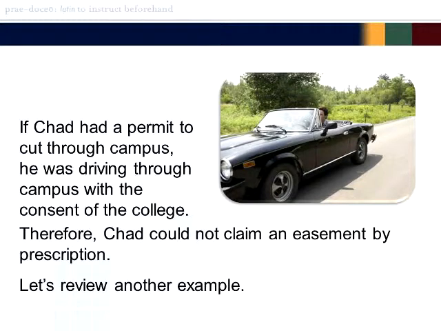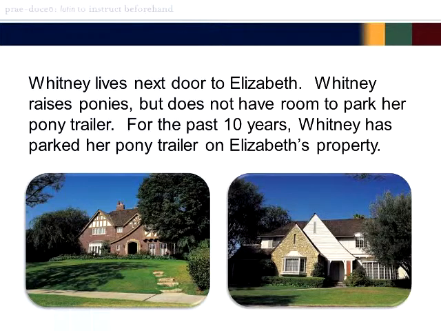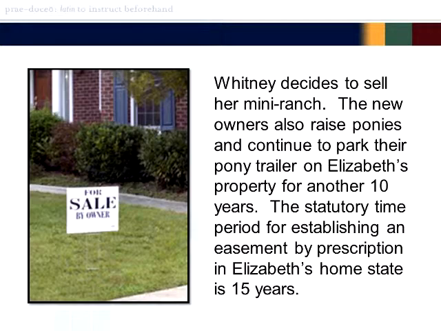Let's review another example. Whitney lives next door to Elizabeth. Whitney raises ponies, but does not have room to park her pony trailer. For the past 10 years, Whitney has parked her pony trailer on Elizabeth's property. Whitney decides to sell her mini ranch. The new owners also raise ponies and continue to park their pony trailer on Elizabeth's property for another 10 years.